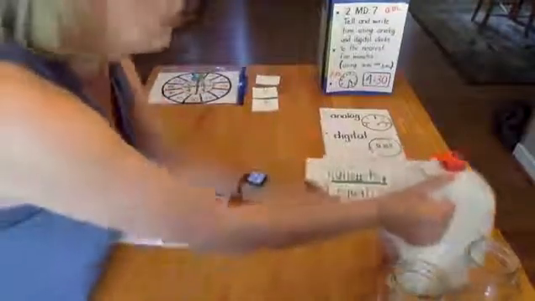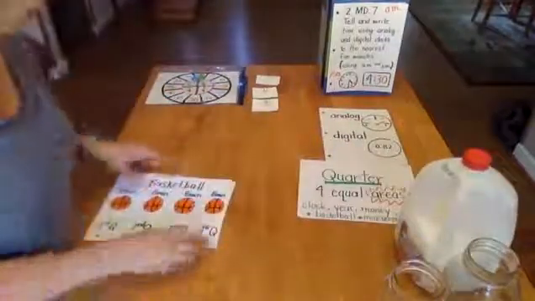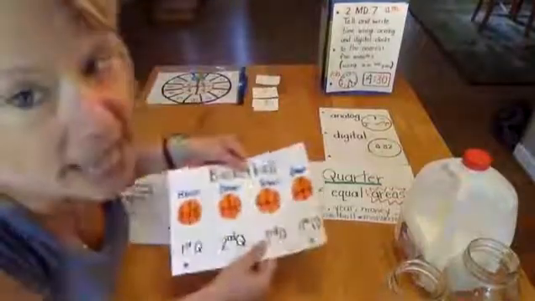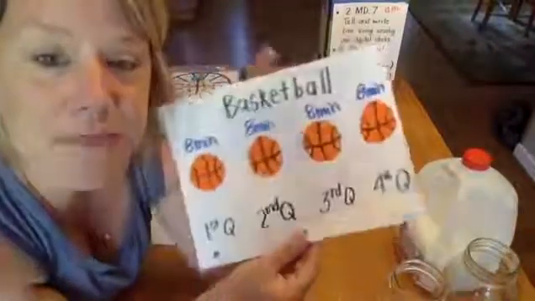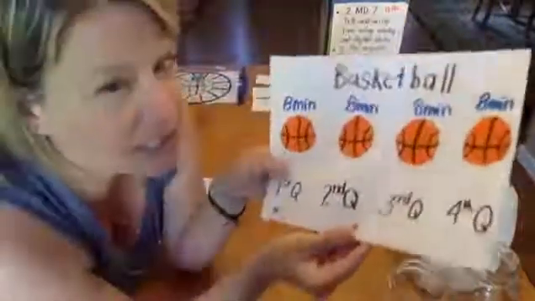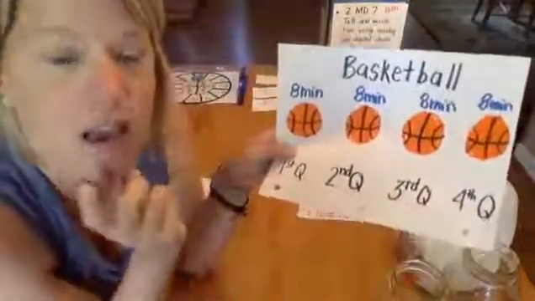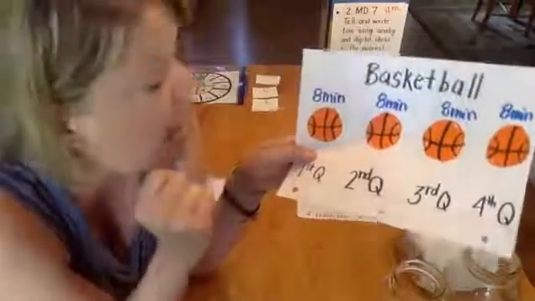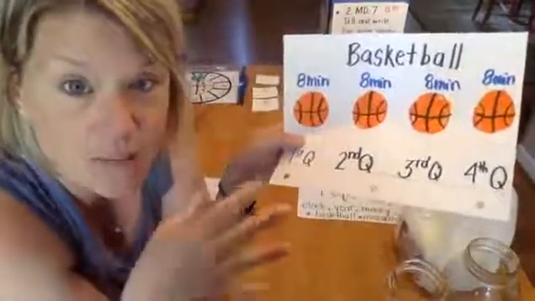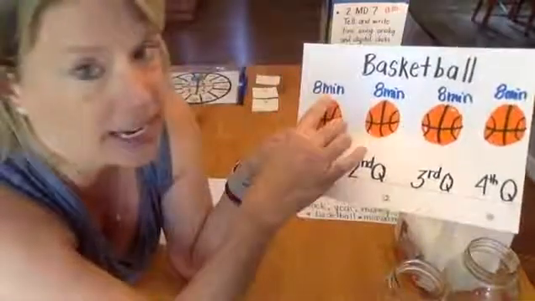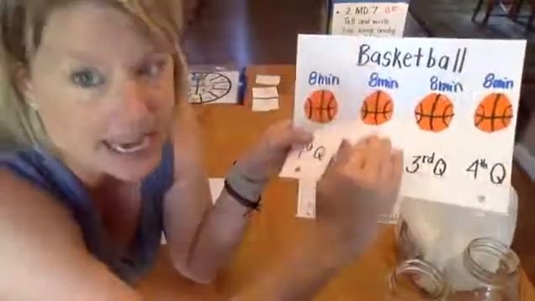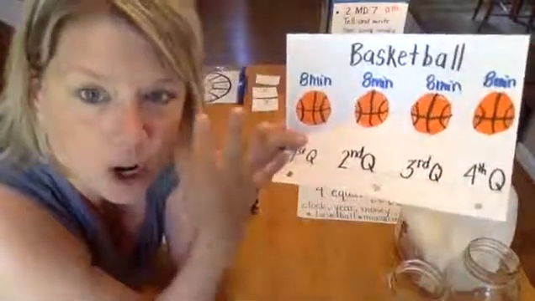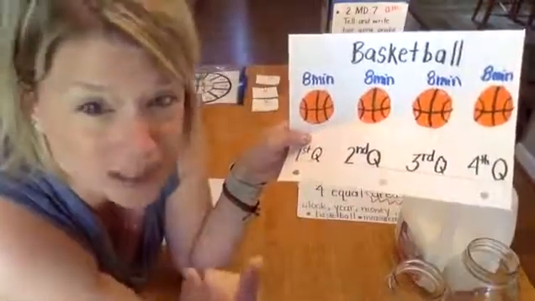Now, Miss Street is not athletic, so I had to call my good friend, Carrie Franklin, and Roby had to help me with this. Basketball is kind of tricky to Miss Street, but there are 4 quarters in a game of basketball. Each quarter for elementary is 8 minutes. So we have 8 minutes, 8 minutes, 8 minutes, 8 minutes, and that makes up 4 quarters for one whole basketball game.